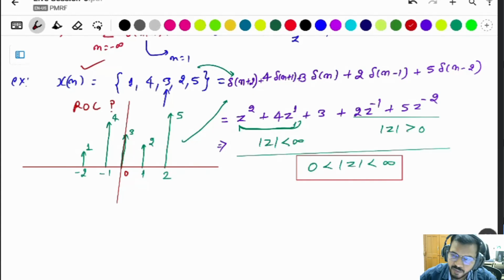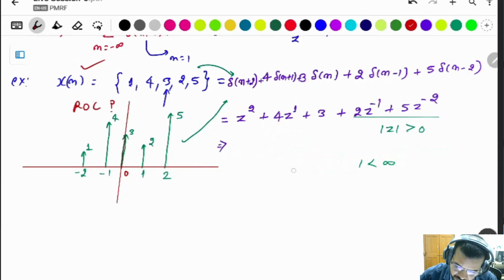The Z transform is a summation. Then those functions should be summable, absolutely summable. It means the function should not be infinity at any point. You have to find the ROC for that signal. In this case, suppose you put the infinity here, so I am writing once again: Z square plus 4 Z plus 3 plus 2 by Z plus 5 by Z square.